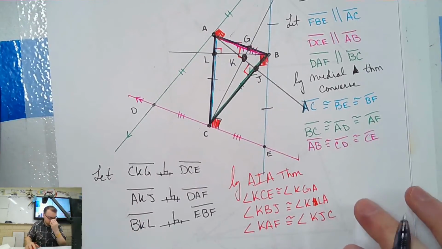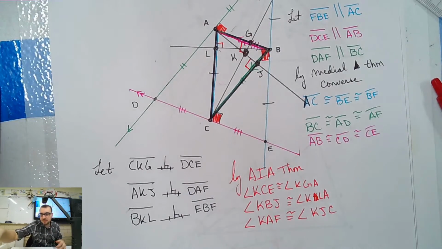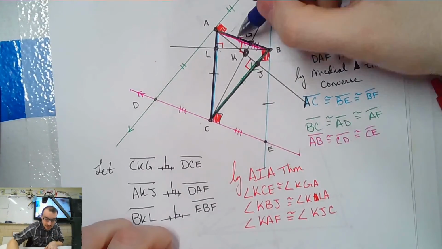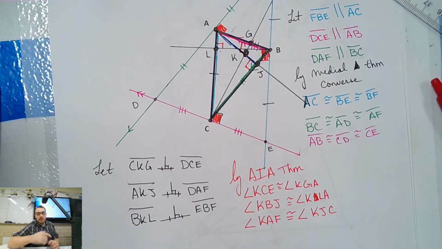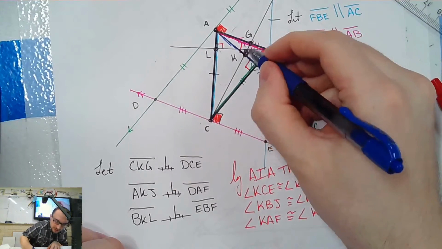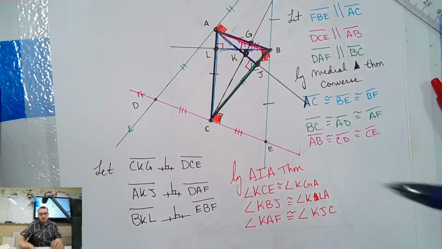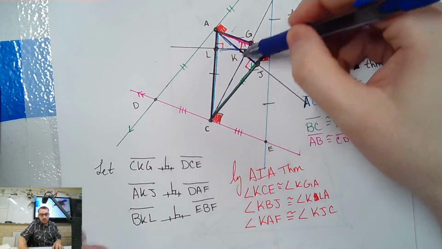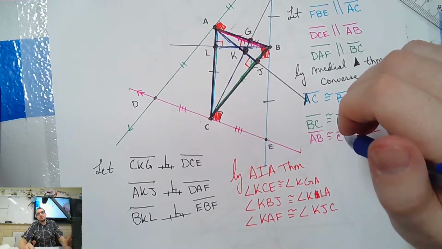So now the last bit of logic I have to show you is that, look, isn't this much of my perpendicular bisector an orthogonal? It goes from vertex to 90. And this goes from vertex to 90, and this goes from vertex to 90. So by definition, AKJ, CKG and BKL are orthogonals. Now, I'm not going to make you write that, but they are.